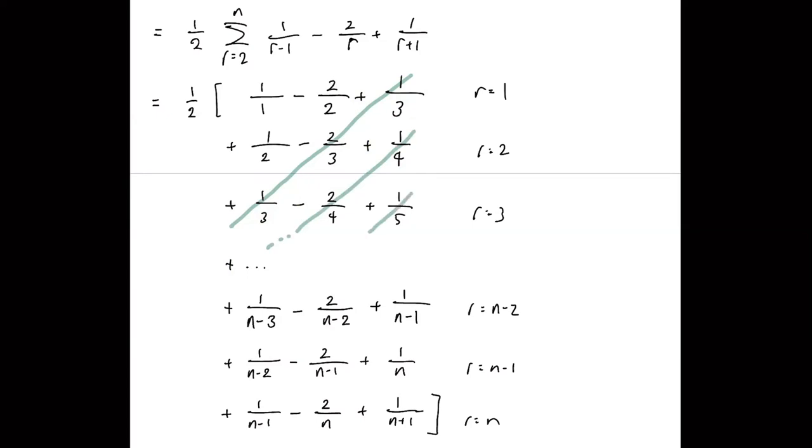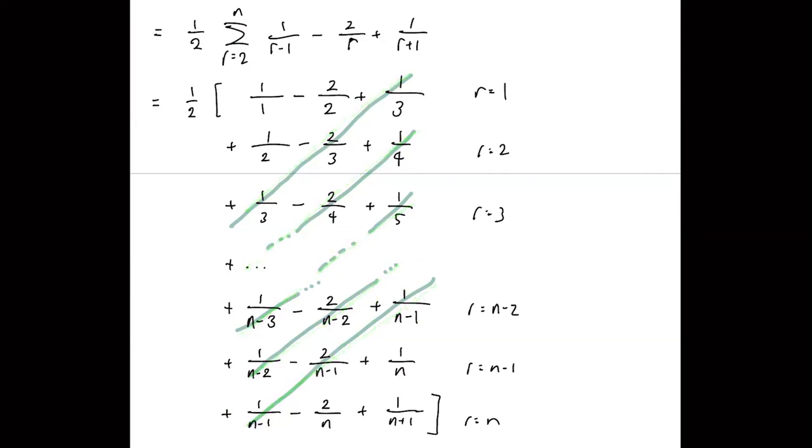Everything else, 1/5 also can cancel off with some other minus 2/5 and a plus 1/5 somewhere else. So eventually everything else will cancel off. This one will have a third term cancelling off. Then this plus 1 over n minus 1, minus 2 over n minus 1, and plus 1 over n minus 1 will also cancel off. They come in triplets.